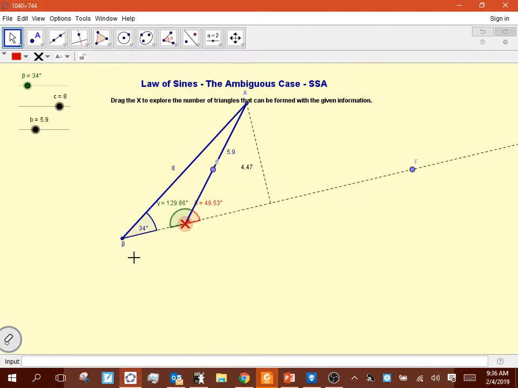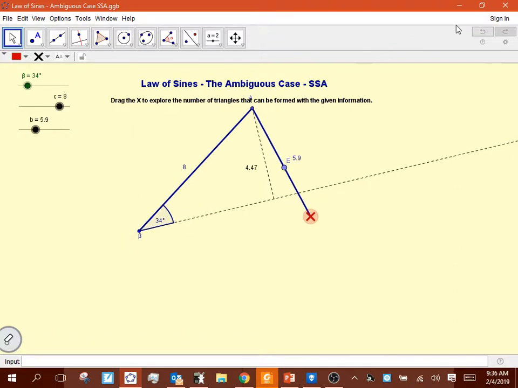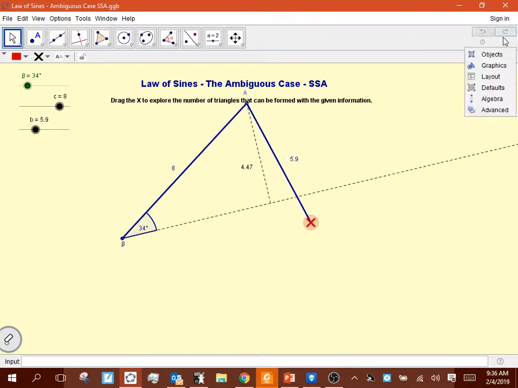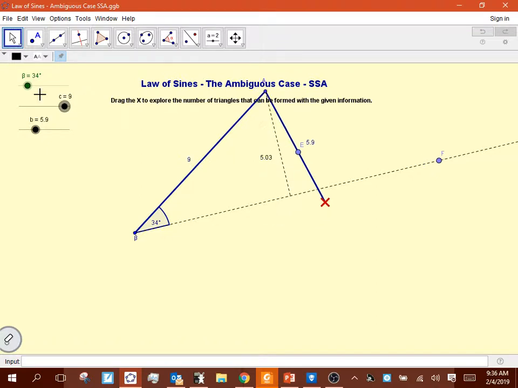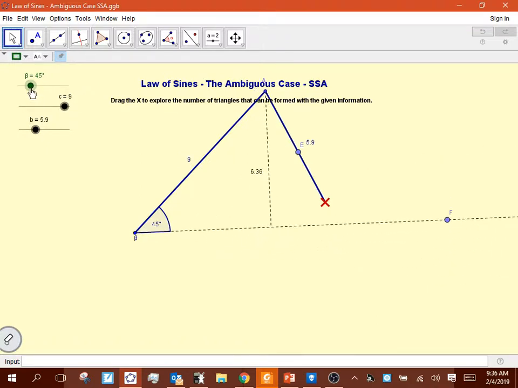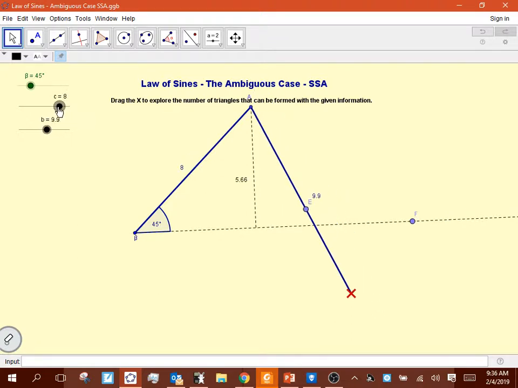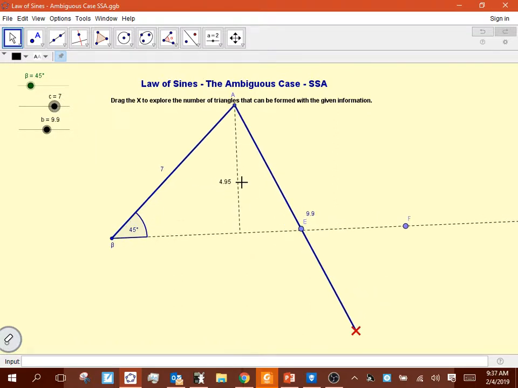What's going to happen with this one, I believe, is that the 7 radical 2, if you were to evaluate that, is about 9.9-ish. Okay, so let me take that side to be 9.9, and we had a 45-degree angle, and the other side was 7, right? Actually, that was the 9.9. And it matters which side's 7 and which one's 9.9.